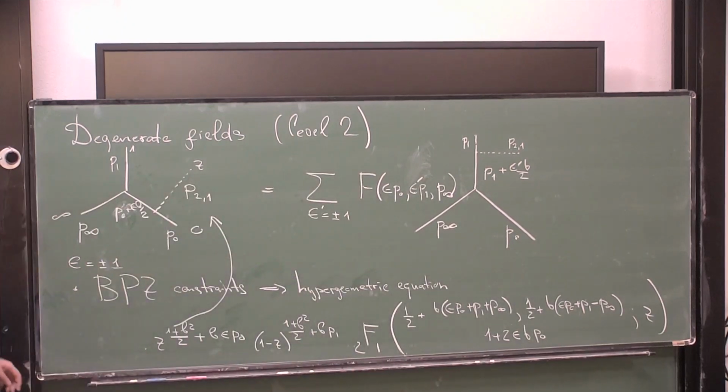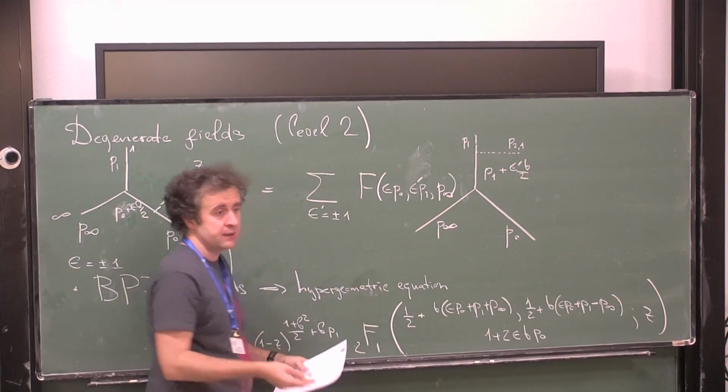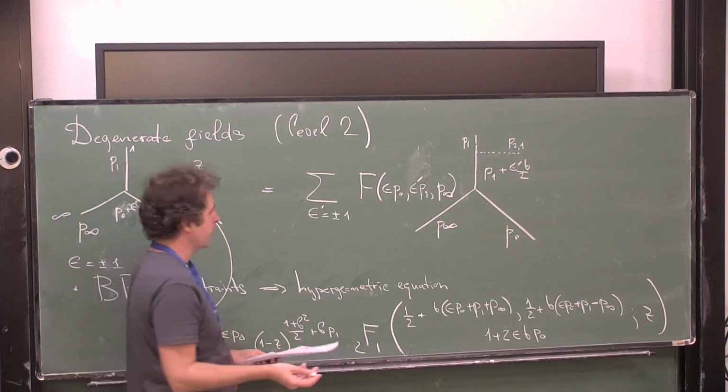So this is an explicit formula for this particular 4-point conformal block. And as you may understand, here F is nothing but the connection matrix for the hypergeometric equation.